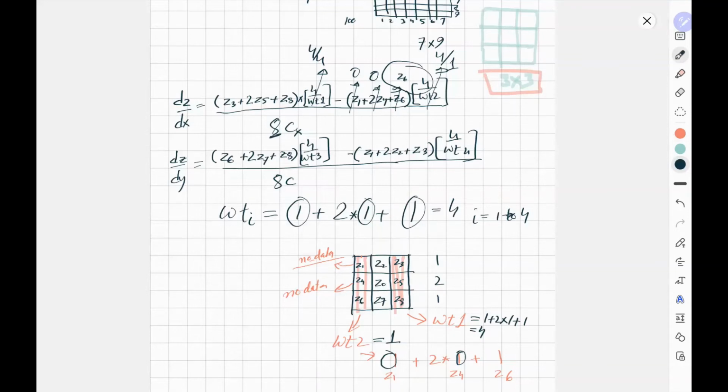And this processing requires that in the neighboring cells, seven of the cells should have valid values, okay?